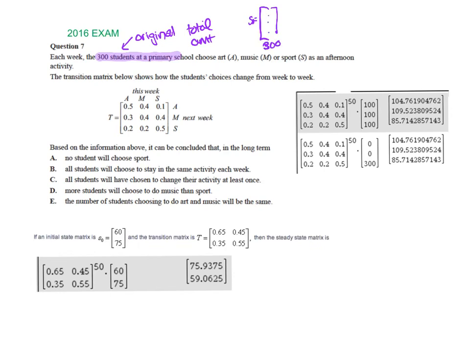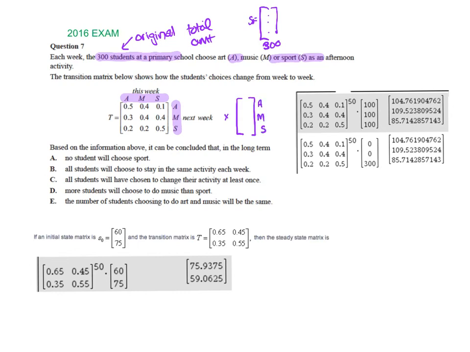All these will add up to 300. So here they said they choose from either doing art, music or sport. So you can see that's across here and then that's across here. So when I eventually times by my initial state, it's going to be art, music, sport, like that.